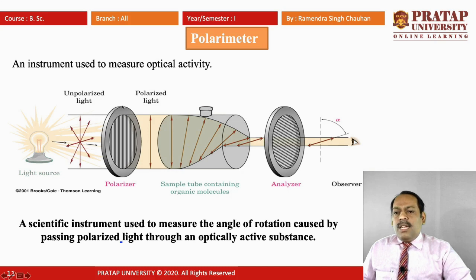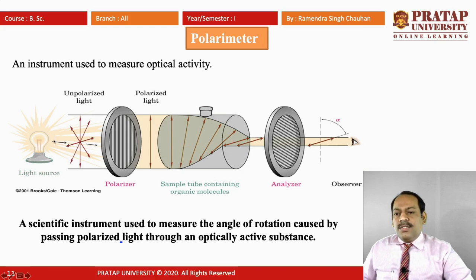We use different types of polarizer, or sometimes a plate in between, but we are talking of the general design of a polarimeter. Then we have a sample tube containing organic molecules, that is, a polarimeter tube containing the optically active substance. Then we have an analyzer.